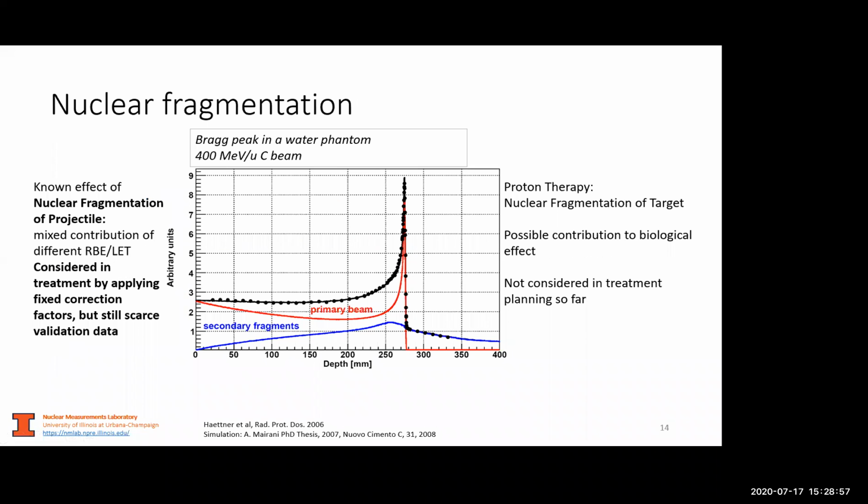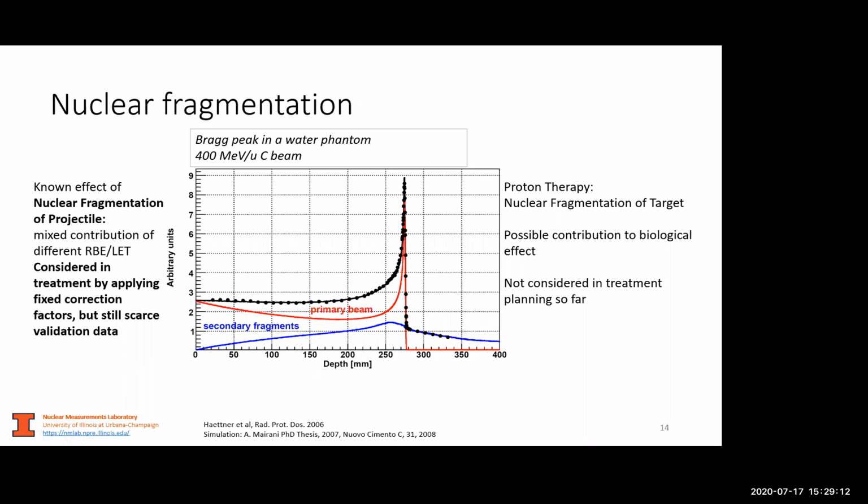So we talked about neutron production, but we also need to consider that there could be nuclear fragmentation in charged particle therapy.